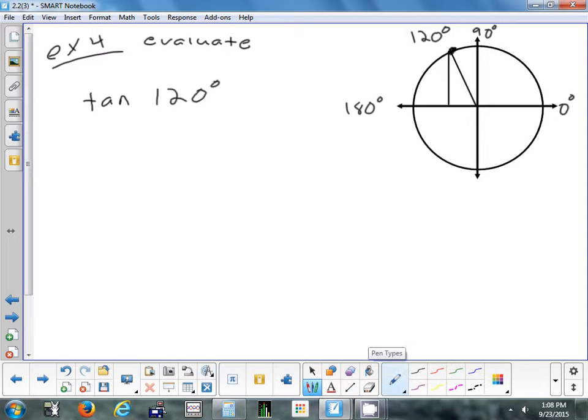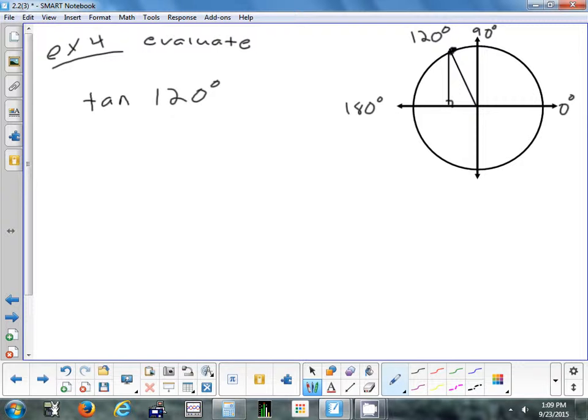Now, what's important with the 30, 60, 90 is you've got two different angles. It's not like the 45, 45 where they're the same. You've got to put the 30 and the 60 in the right spots. Okay. How about Aaron? What's the difference between 90 and 120? 30, yeah.